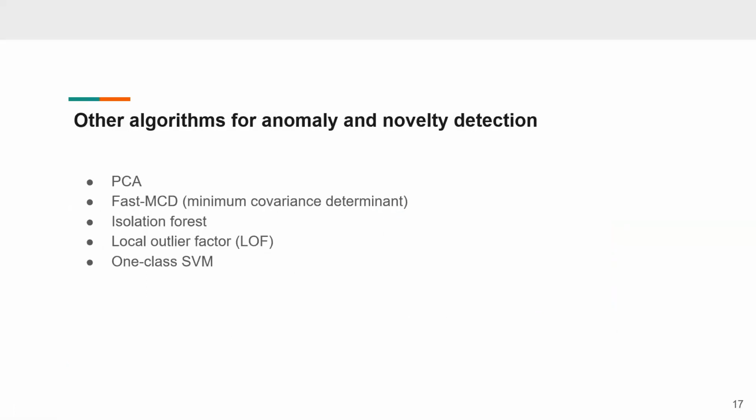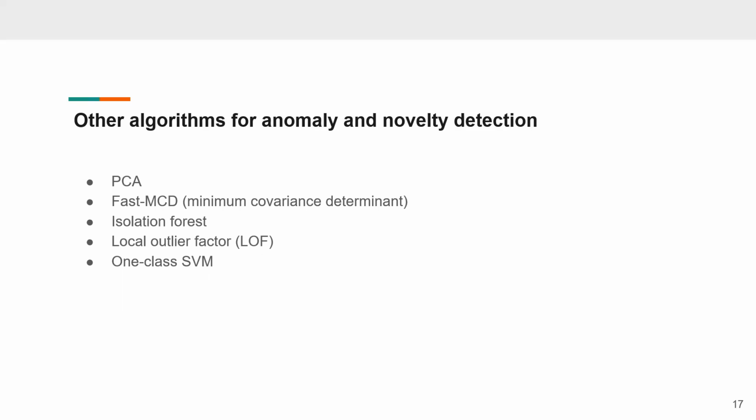In addition to this, I just want to remind you that there are all kinds of other algorithms for anomaly and novelty detection. So anomaly, the way that you look at it, is as an outlier, or in certain cases, when you want to define novelty, you can leverage novelty detection as well.